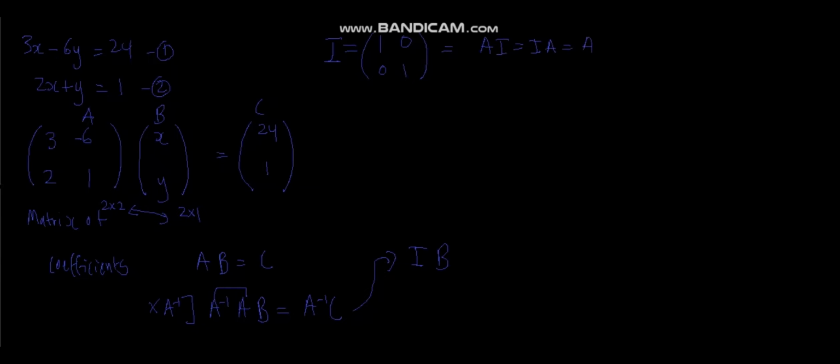What this is saying is, if you take a matrix and multiply by the identity, you would get back the original matrix. Kind of like if you take any number and multiply it by 1, you would get back the original number.